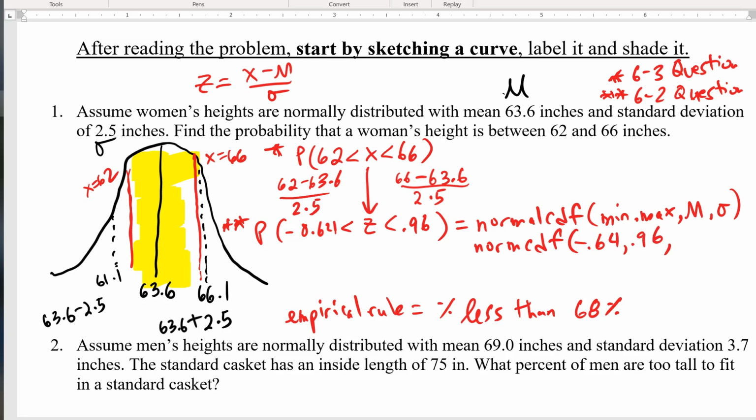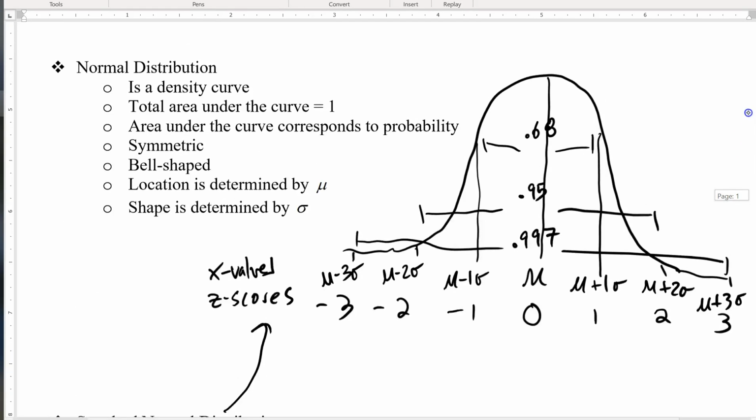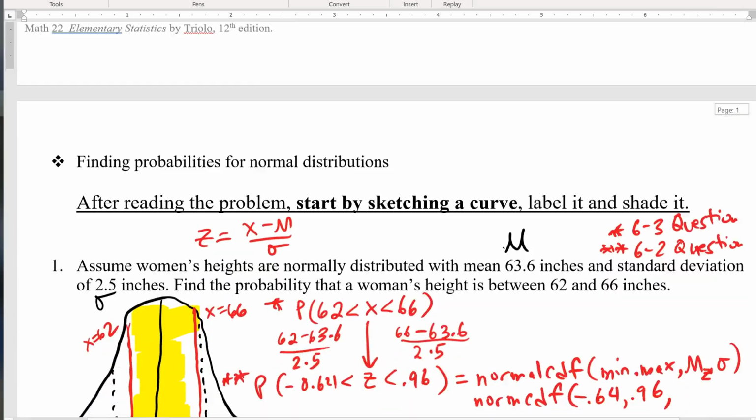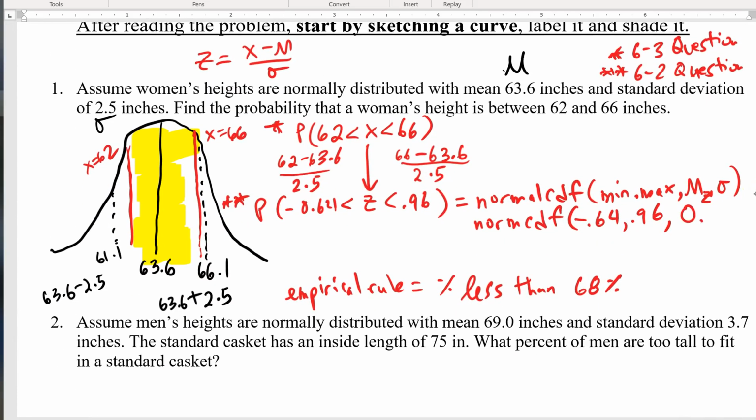Our mean, and don't put in the 63.6 because this is basically the mean of a z-score. So the mean of the z-scores, I wrote this picture, when I'm dealing with z-scores, the mean is 0 and one standard deviation is worth 1. So put a 0 and a 1. That's only for z-scores. The mean is 0, the standard deviation is 1.